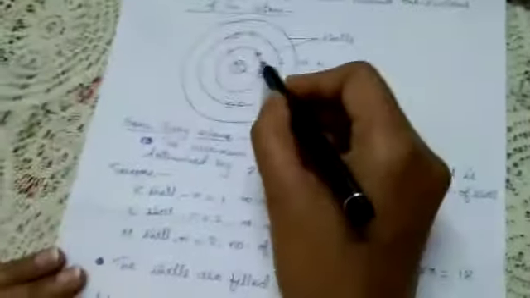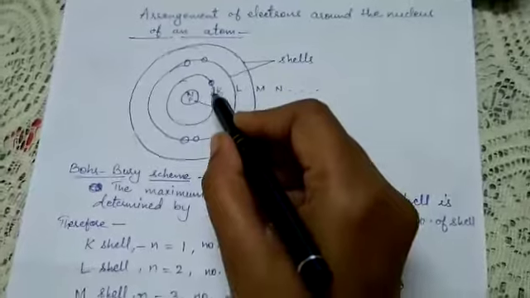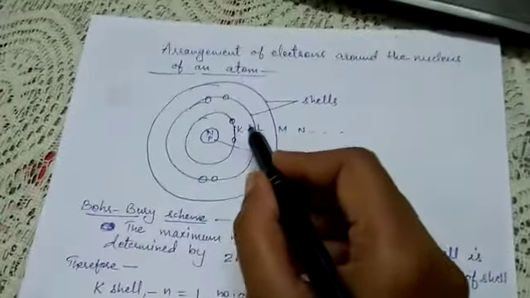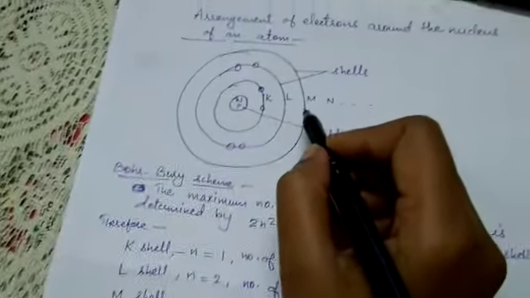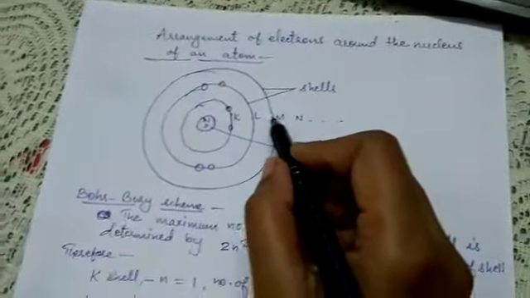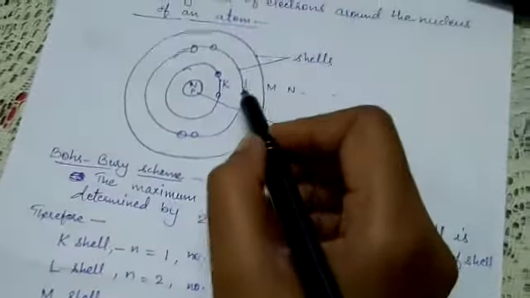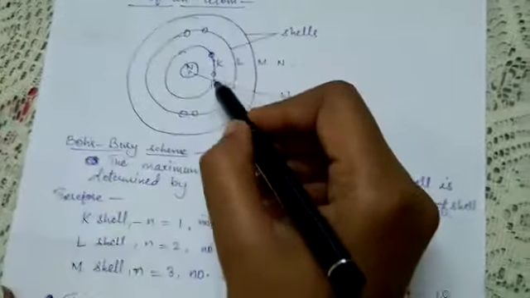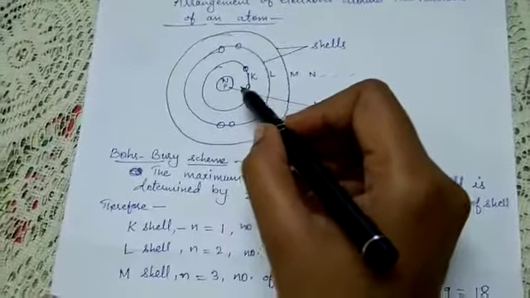The inner shell, the first shell next to the nucleus, has the lowest energy level, and the outer shell has the maximum energy level. This is the arrangement of electrons around the nucleus in an atom.